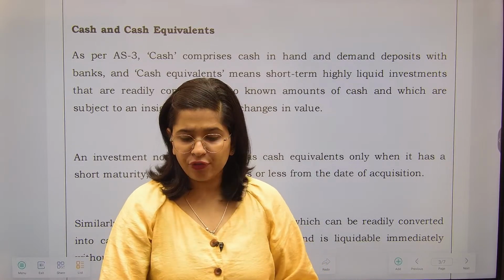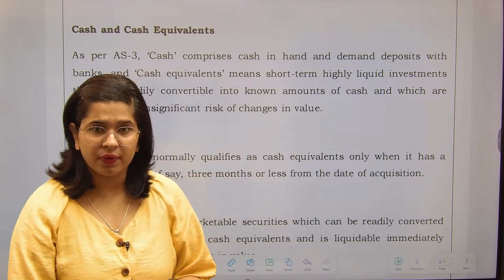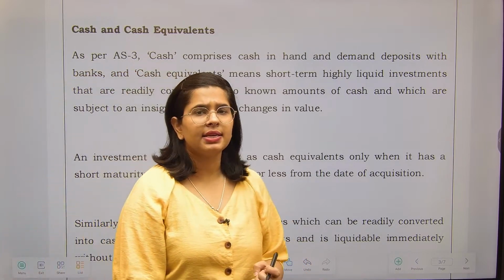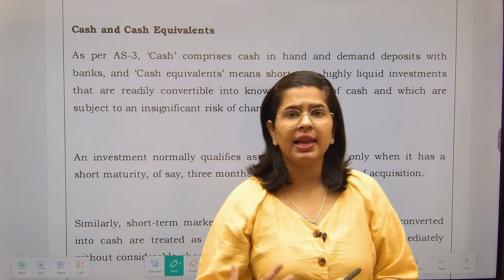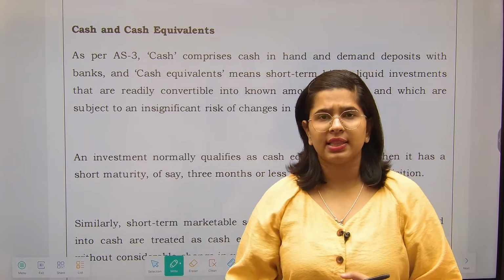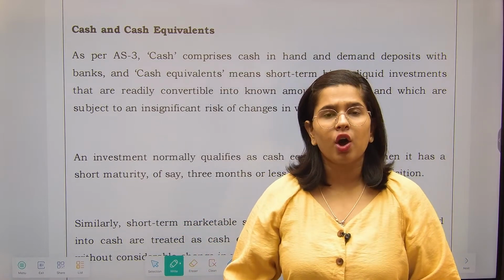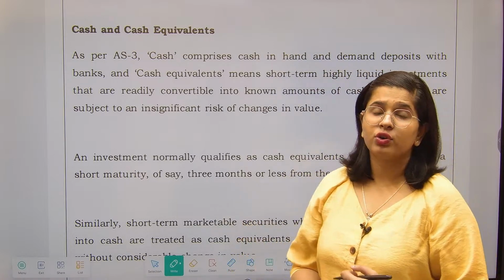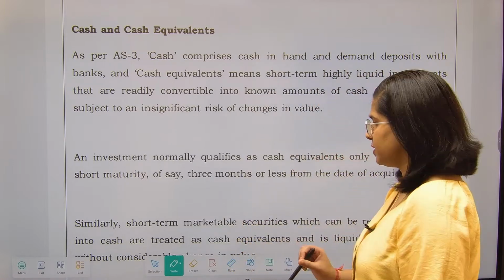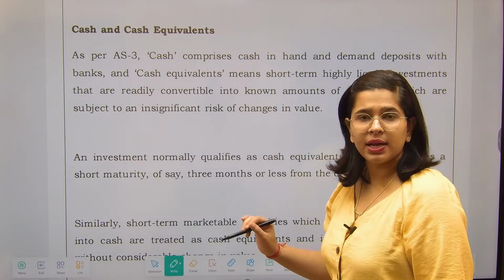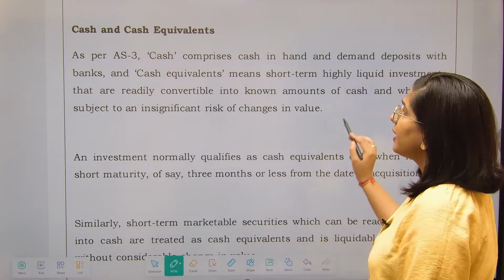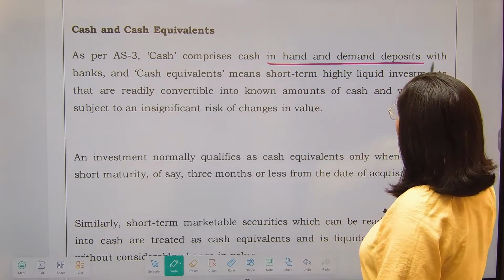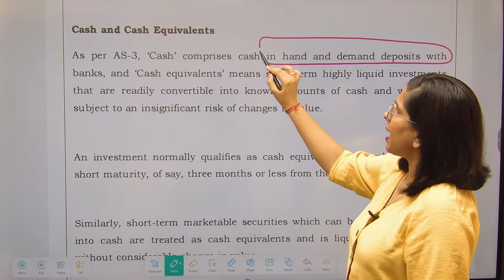I guess all of you must agree with my point. But there are some assets which, if you want to sell them, there will be no loss in value. Those are called cash and cash equivalents. As per Accounting Standard 3, cash comprises cash in hand and demand deposits with the bank.